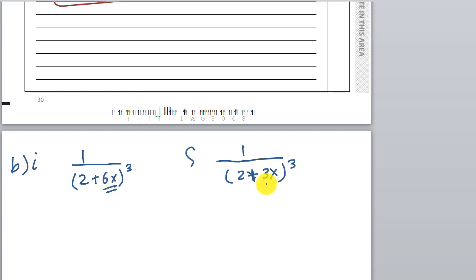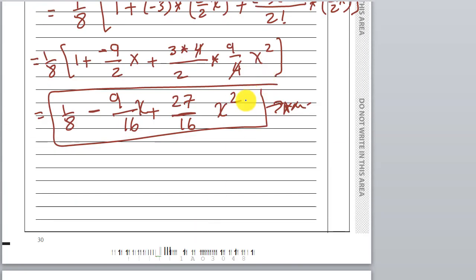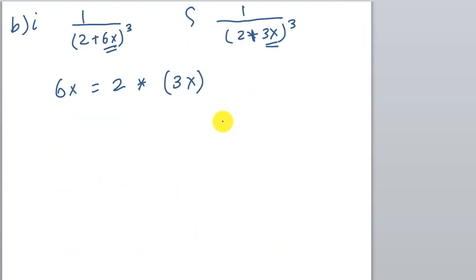Here 6x, here 3x. So 6x is equal to 2 multiplied by 3x. And we need now the coefficient of the x squared. So the previous one, 27 divided by 16 multiplied by, instead of, this is our x.